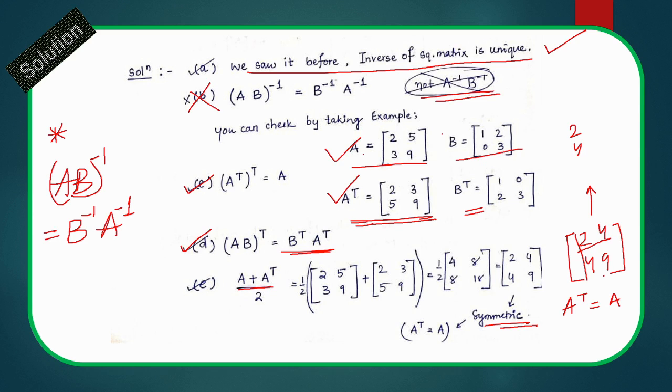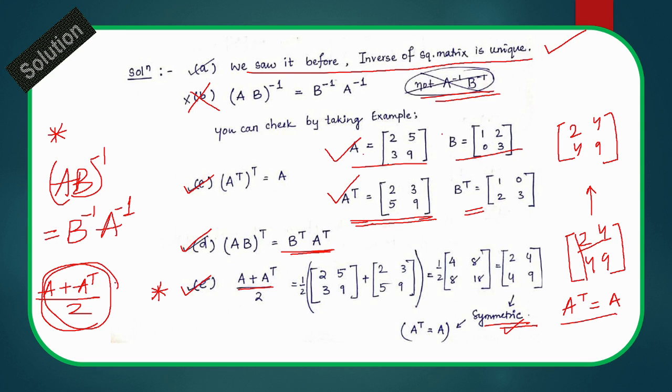Write the second row as second column, 4 9. Compare the two matrices: are those the same or not? Yes, those are the same, so A transpose equal to A. That's why this is a symmetric matrix. This is also a standard formula that (A plus A transpose) divided by 2 is always a symmetric matrix.